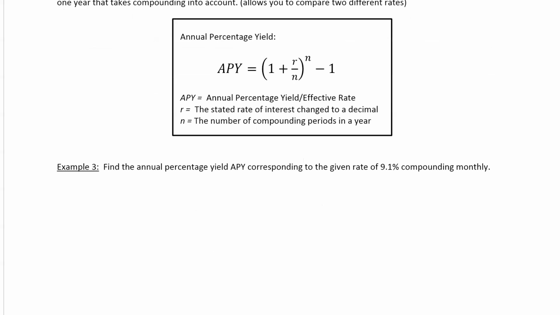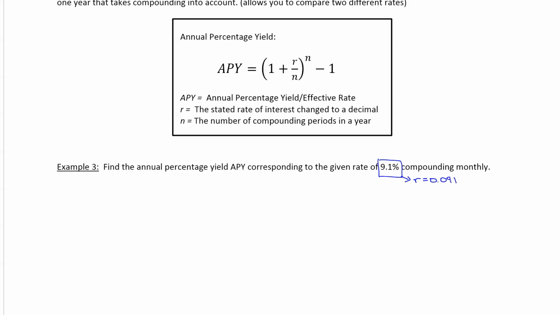Find the annual percentage yield corresponding to the given rate of 9.1% compounded monthly. Now let's look at the values. 9.1% is the rate, which is R, and it needs to be written as a decimal, so that's 0.091.